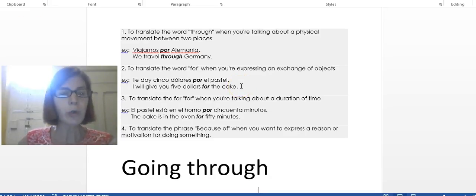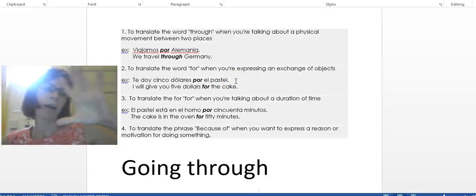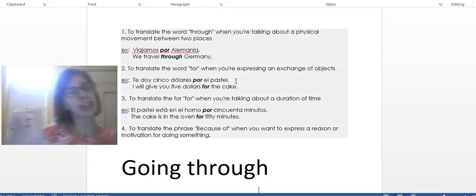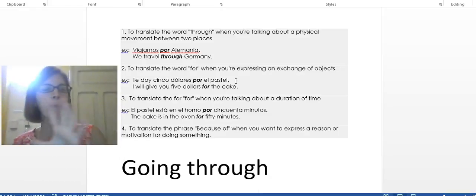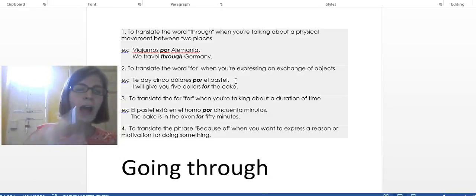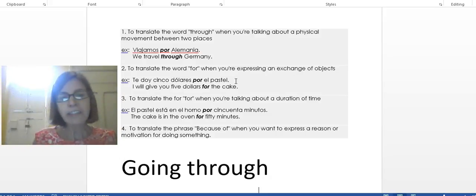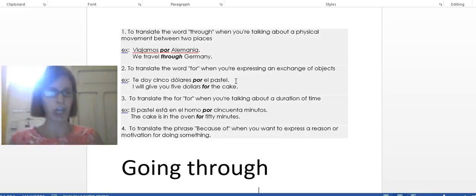So if we review why and when we use the word por, we need to start thinking in our minds like this, that it moves. This is a preposition that moves. Remember, this is when we're traveling through. Reason number one, through. This is when we're exchanging. There's movement, exchanging.